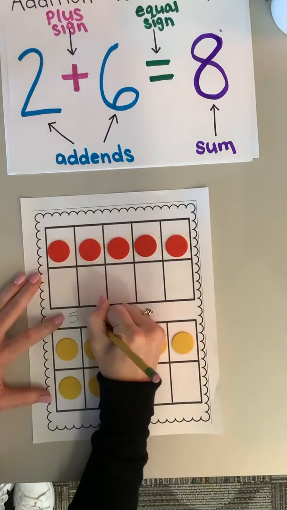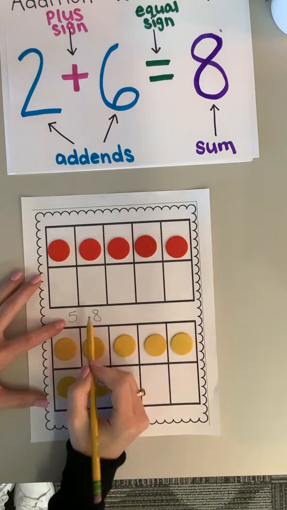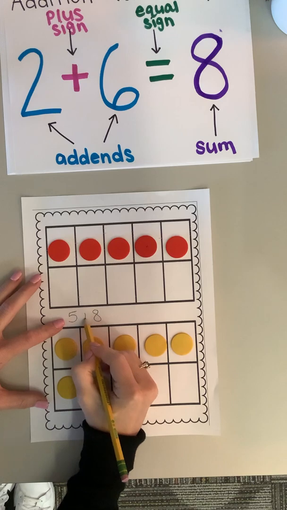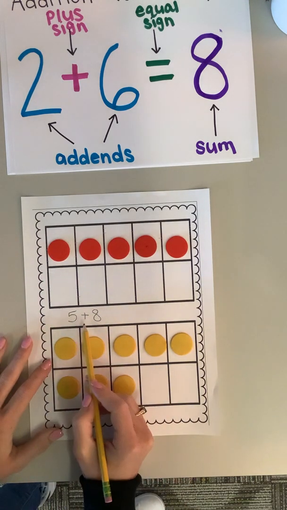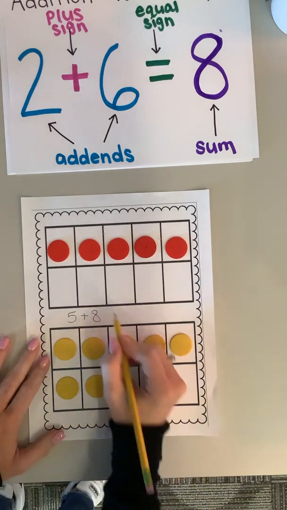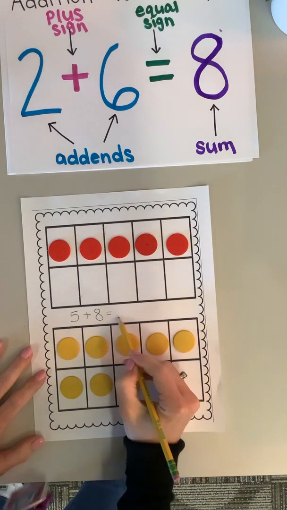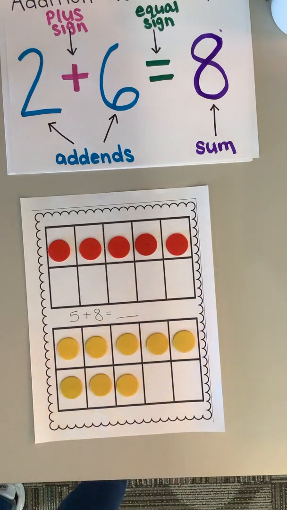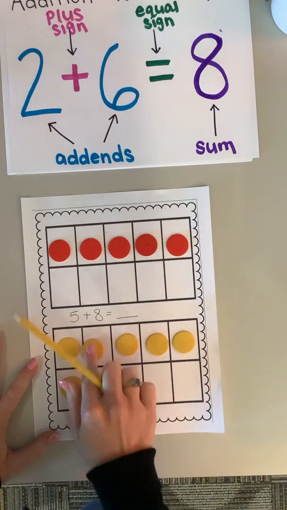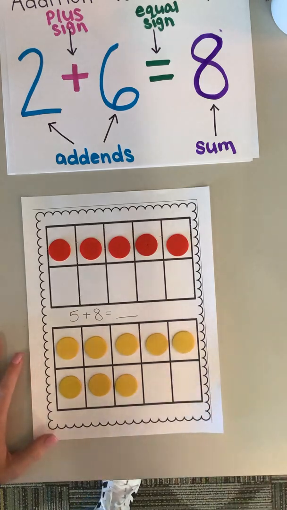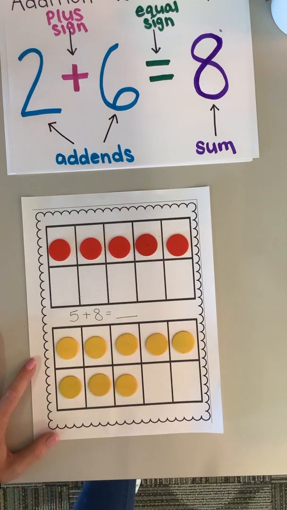I'm going to write 8 by the 5. But I know that my addition sign, my plus sign, needs to go in the middle of my two addends. 5 plus 8 equals, my equal sign goes after my addends but before my sum, and my answer is going to go here. To find the sum or the answer of 5 plus 8, I can do it in my head or I can count my counters all together.